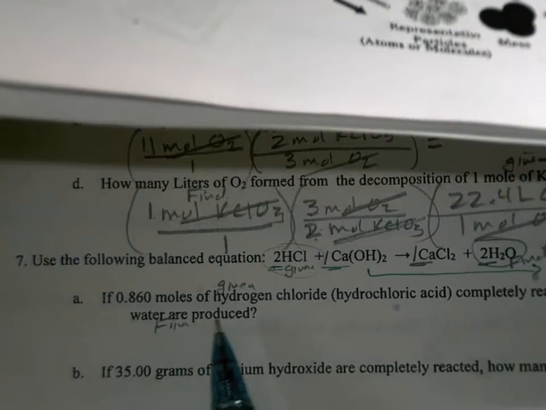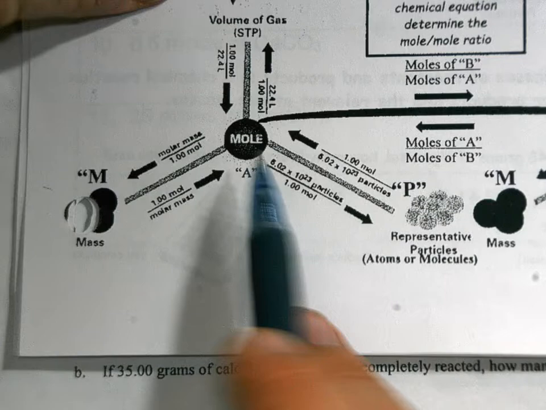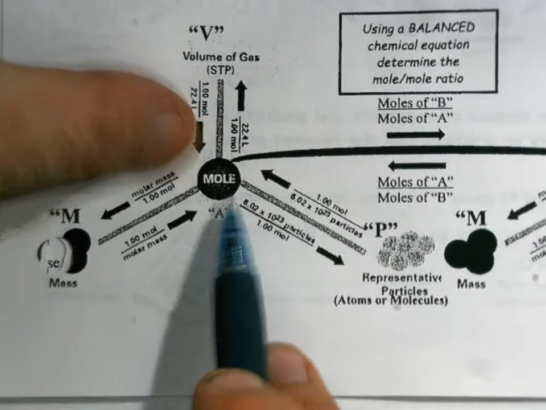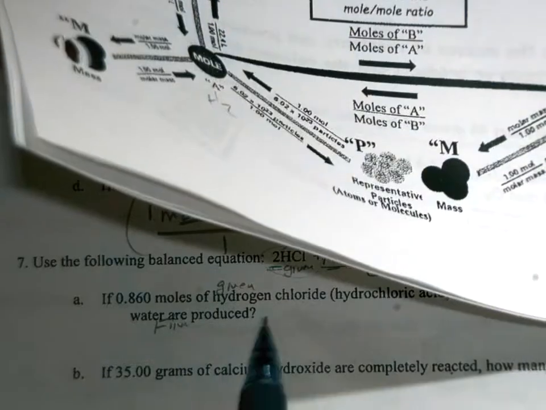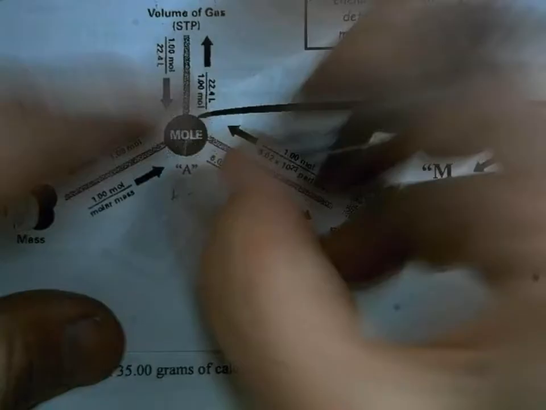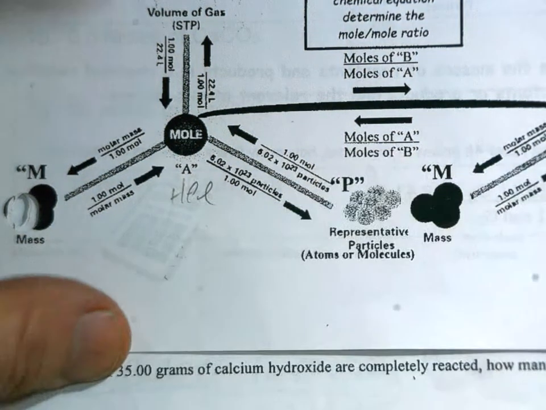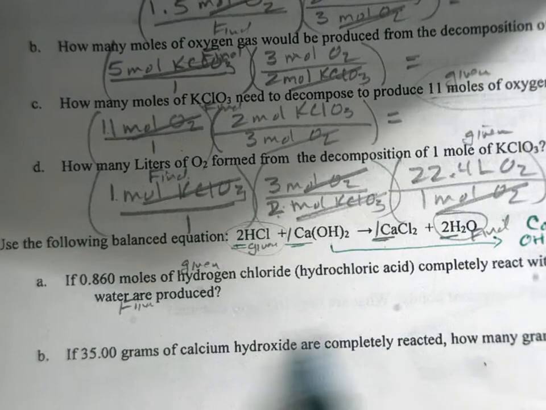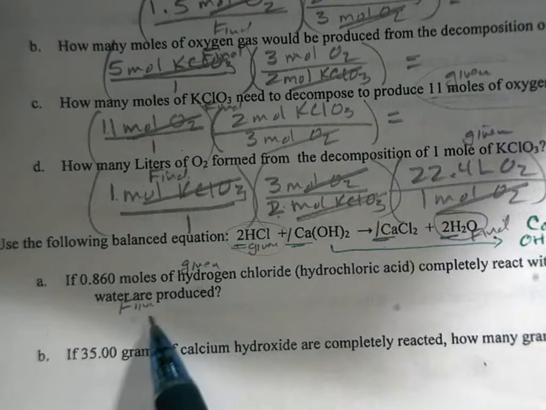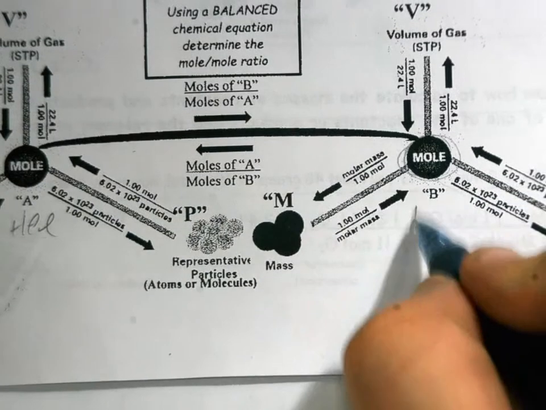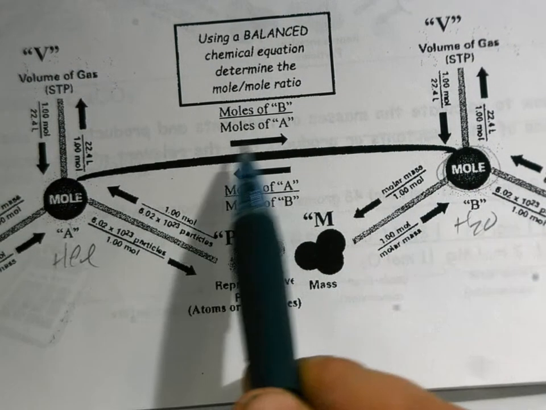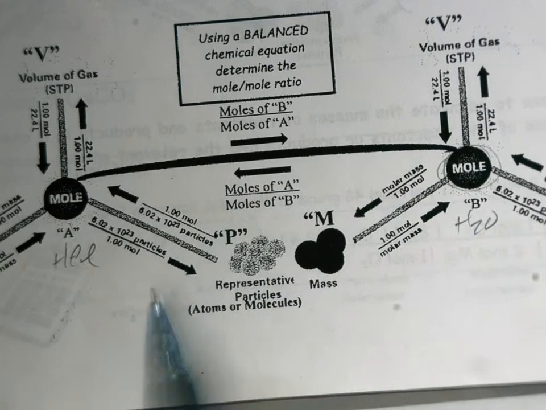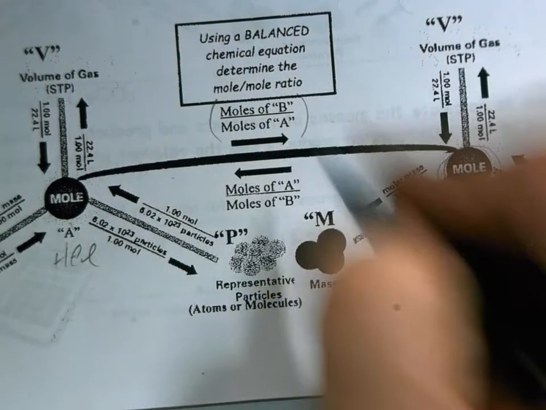In this problem, we are given moles, so we're starting at moles of HCl, and we need to find how many moles of water produced. So we're jumping over to H2O. Fortunately, we start at moles and end up at moles, so we only have to multiply by 1 conversion factor, and that's the mole-to-mole ratio.